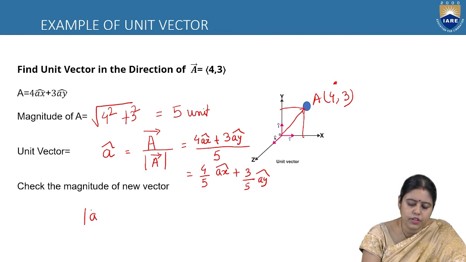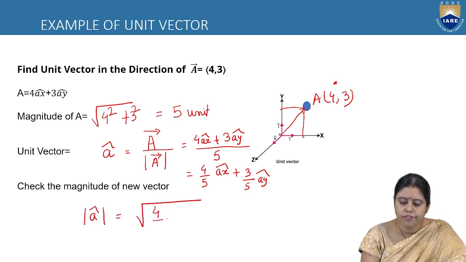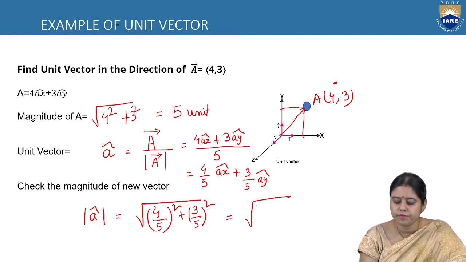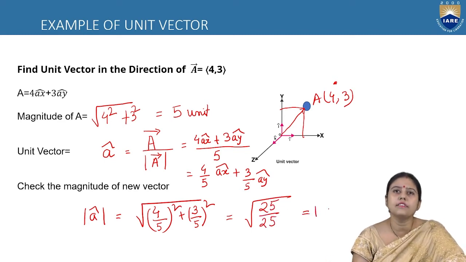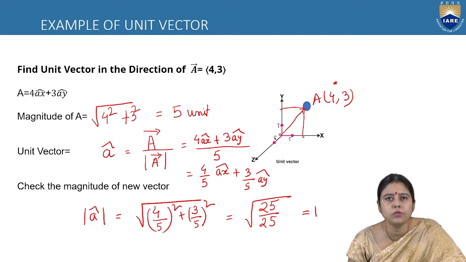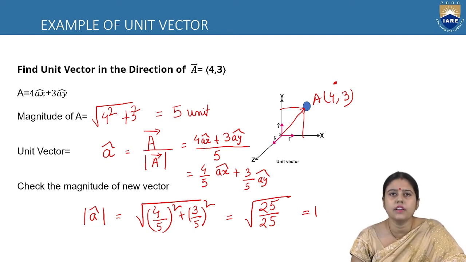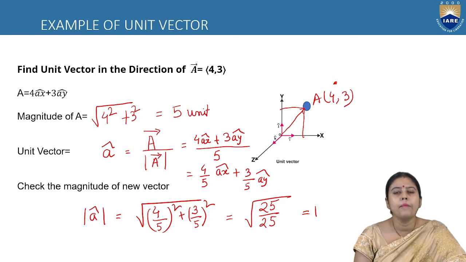The magnitude is root of 4 by 5 whole square plus 3 by 5 whole square, which is root of 16 plus 9 means 25 by 25, and the magnitude is 1. So you can see, whatever the unity vector, the magnitude is always 1, but it has a certain direction.